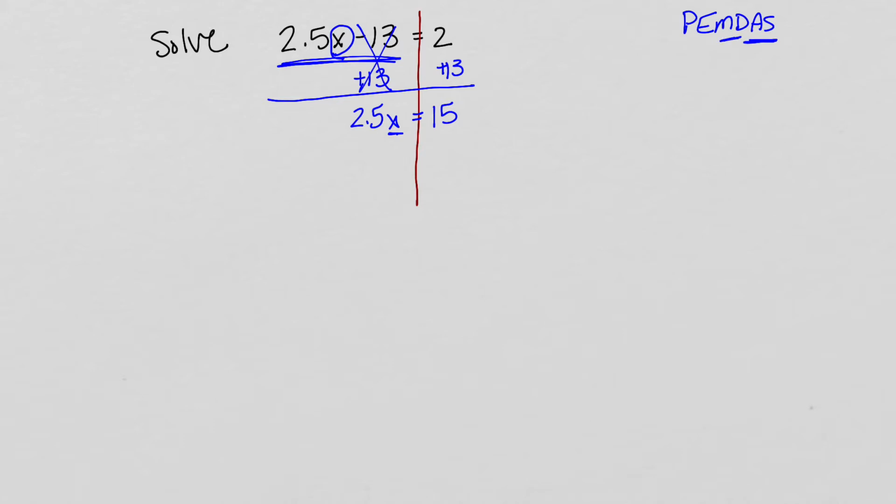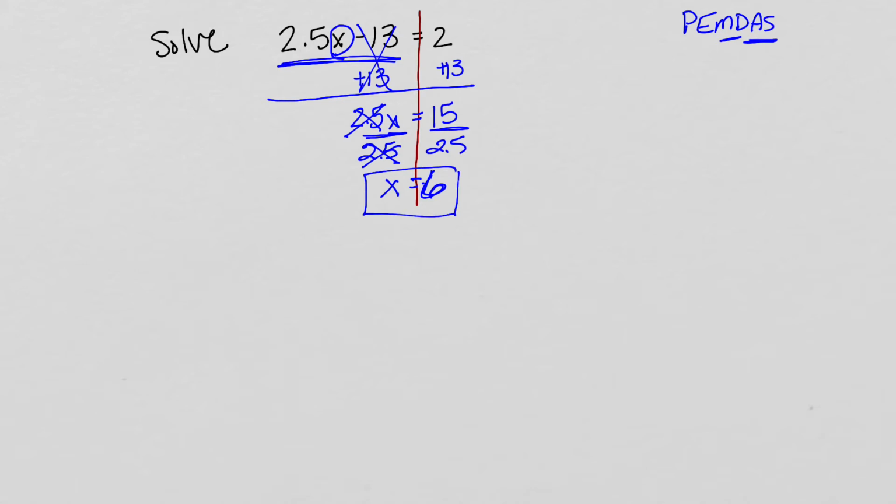Here's the multiplication or division. 2.5 is multiplying x, and the inverse operation of that is division. So I'm going to divide both sides by 2.5. That way, a 2.5 in the numerator, 2.5 in the denominator, cancel out to be 1. So I have 1x, which is just x, equals, and then 15 divided by 2.5 is 6. So x equals 6.